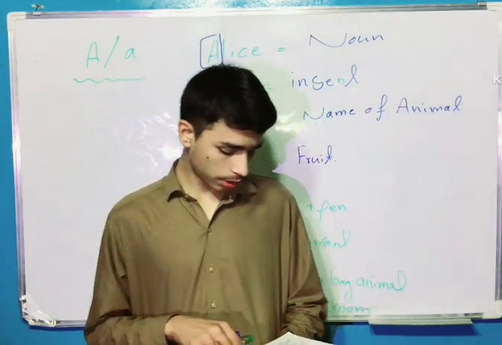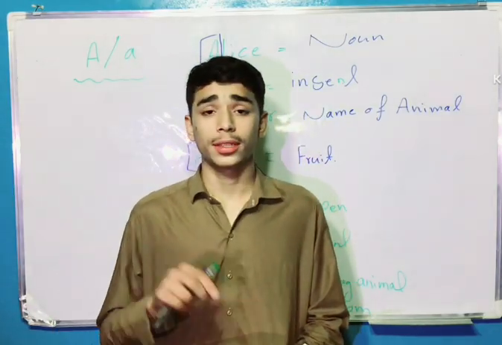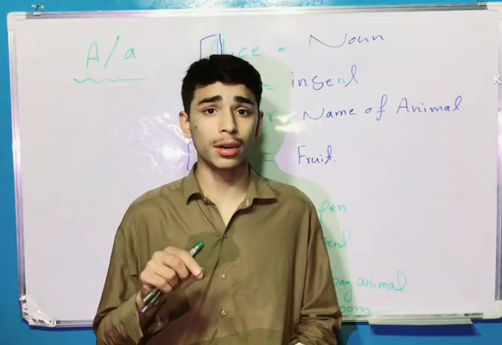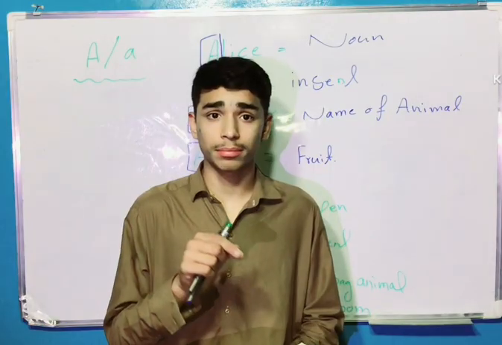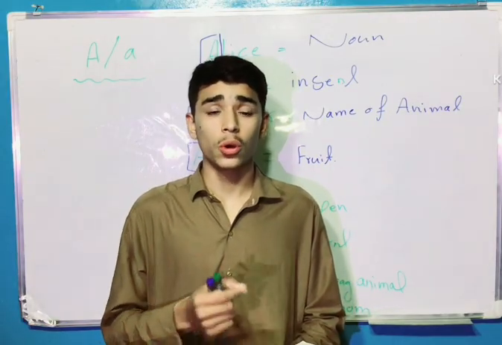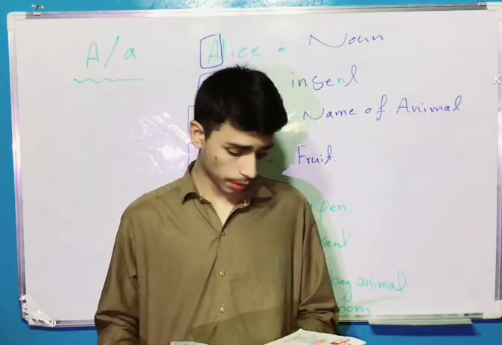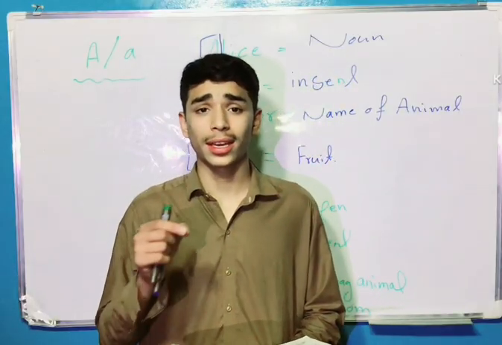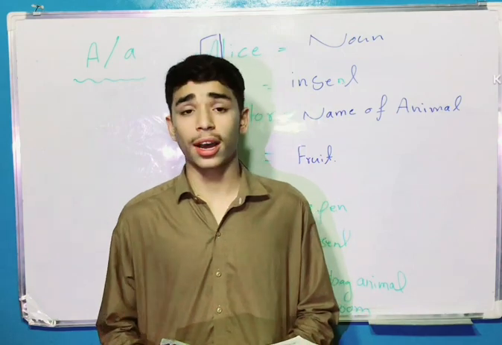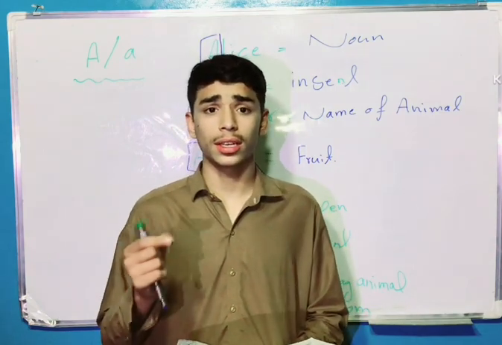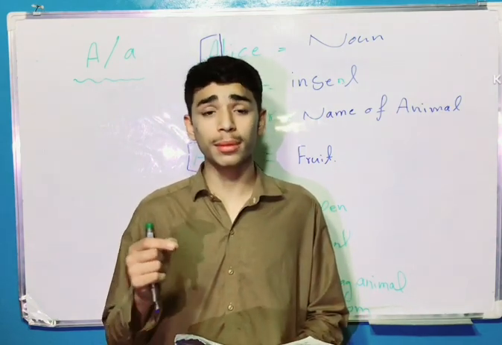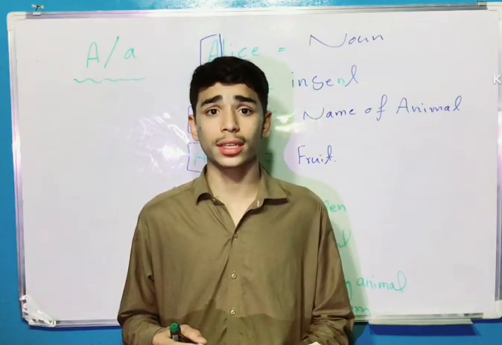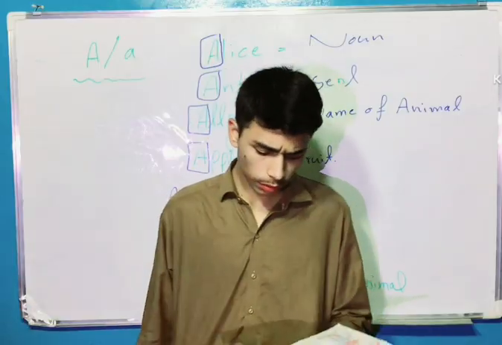So Alice is the name of a girl and name of a person and name of human, ant is the noun of the insect. And alligator is name of the animal, and apple is kind of the fruits.